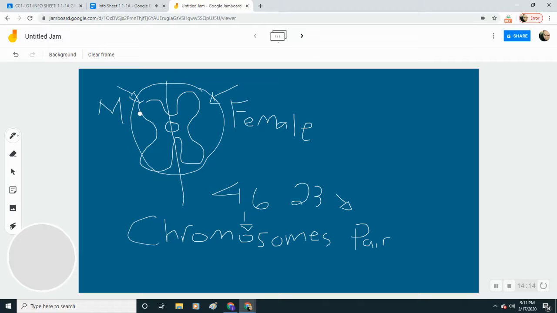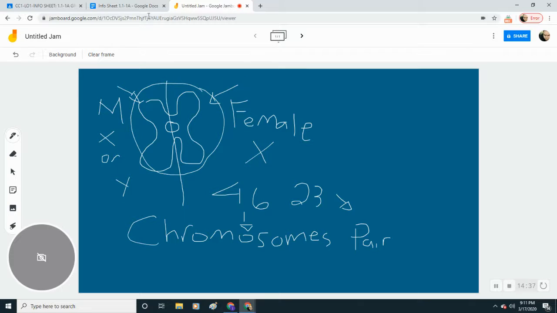Okay? So yung etong half ng chromosomes contains X or Y. Kapag female, laging X. So depende dun sa sperm na nag-fertilize sa egg.